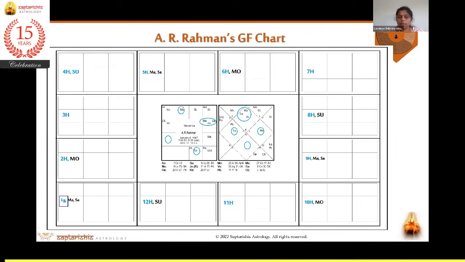If there are any natal placements of planets in that Rashi, then that will take precedence. So here in the 4th house, we have Sun. So the Moksha Trikon, which is 4, 8 and 12, will be influenced by Sun.